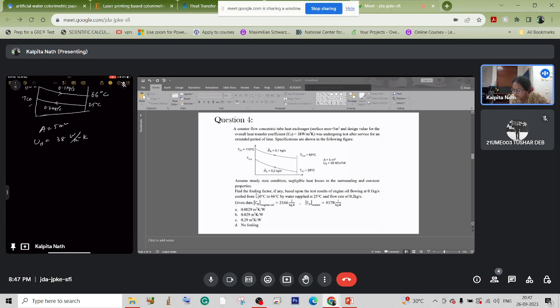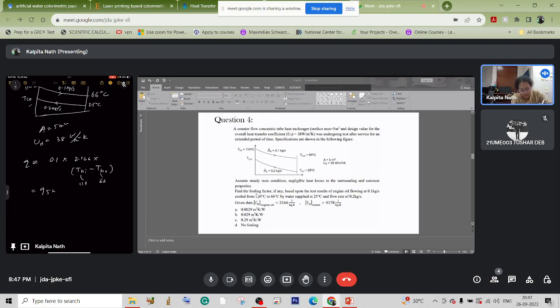Energy balance equation, first for the hot fluid. Everything is given, its mass flow rate is given, and its specific heat capacity is given as 2166, and temperatures are also given: 110 and 66.